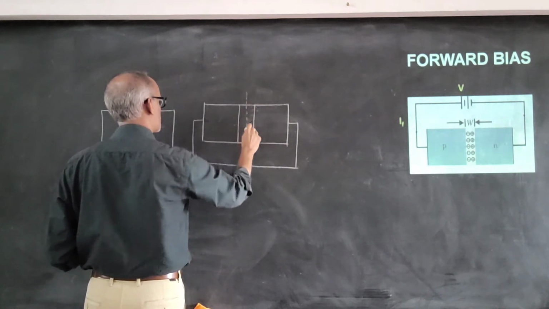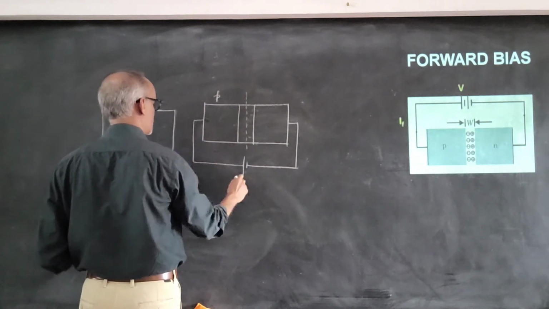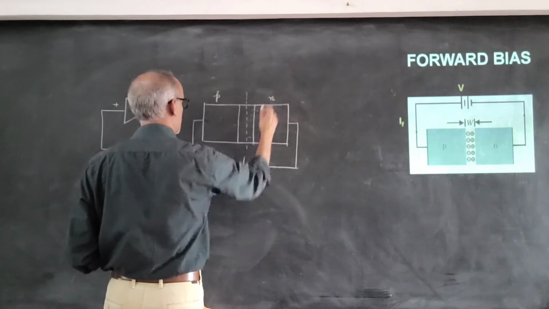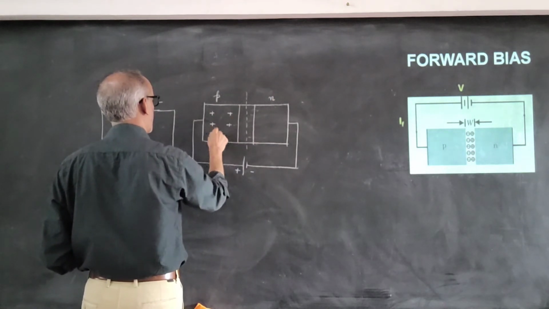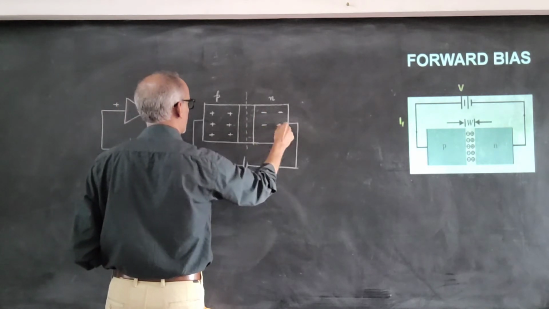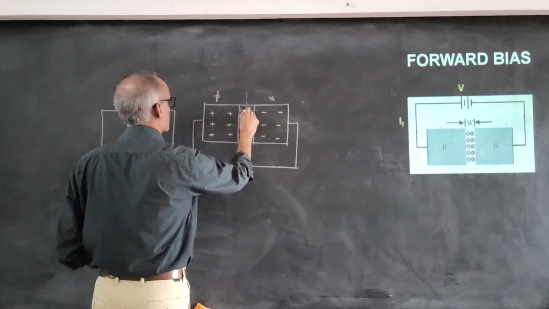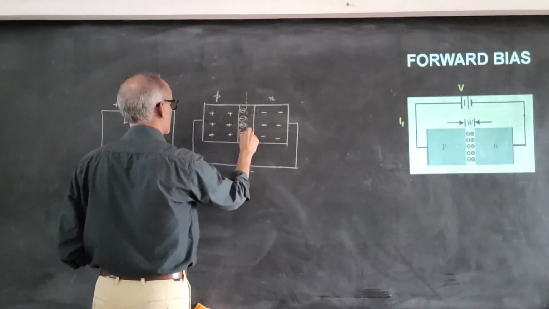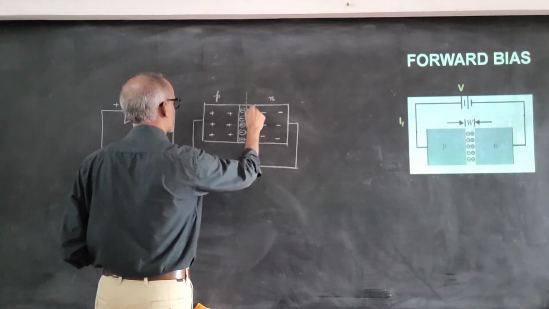So this is the depletion region, this is the P end of the diode, the positive terminal, and the N end of the diode, the negative terminal. And here we have the negative ions, and then we have the positive ions.